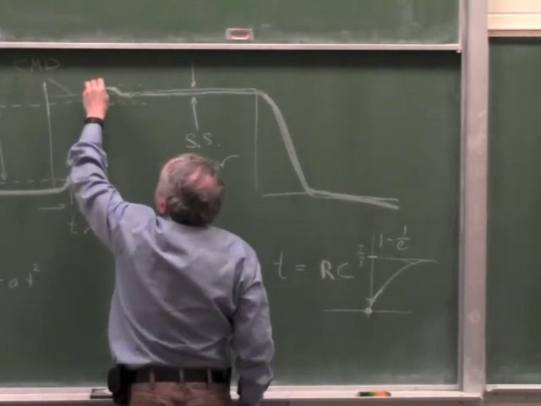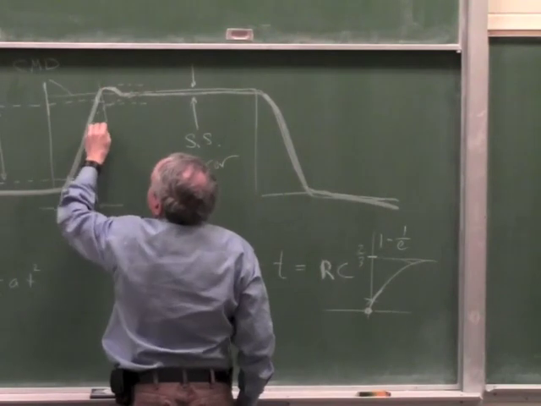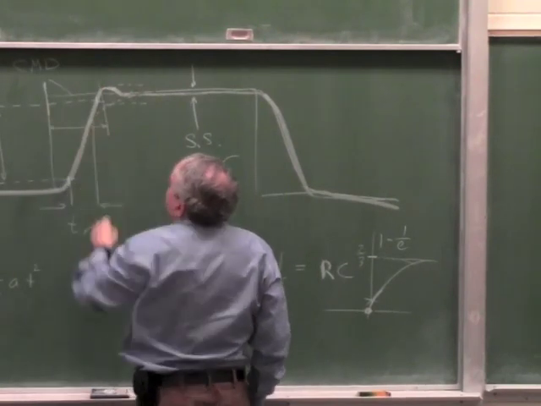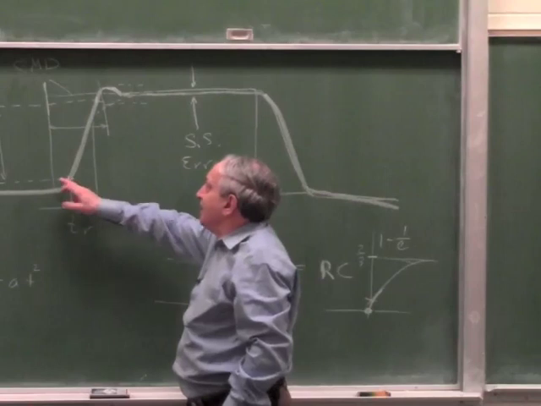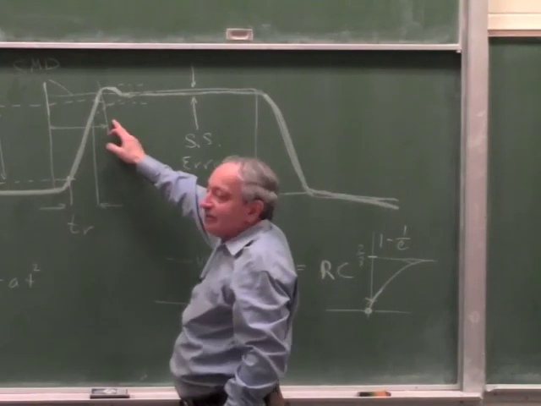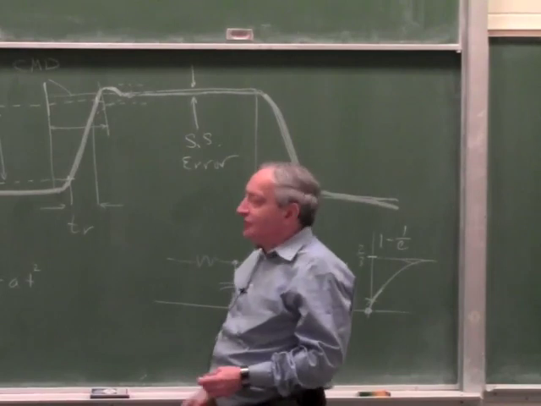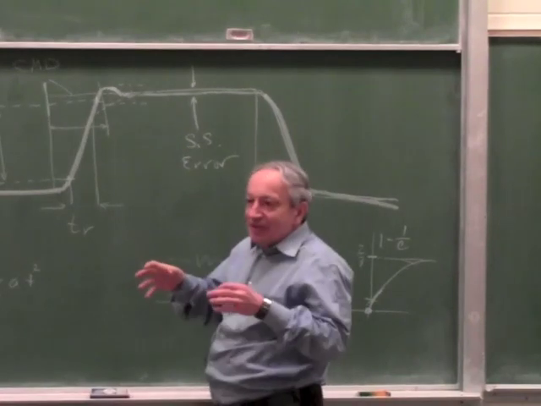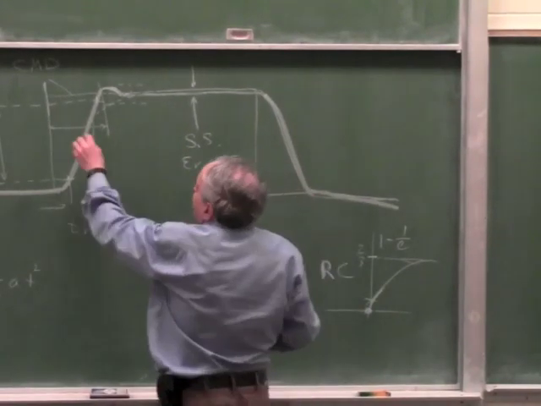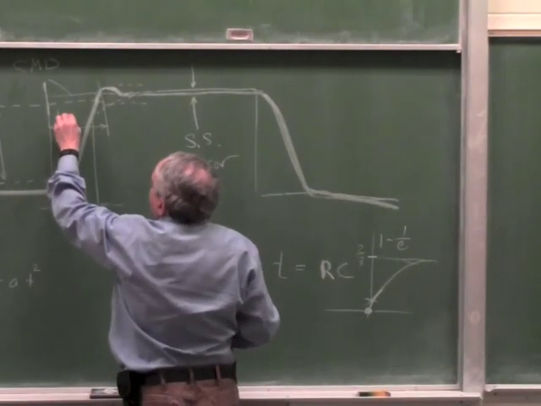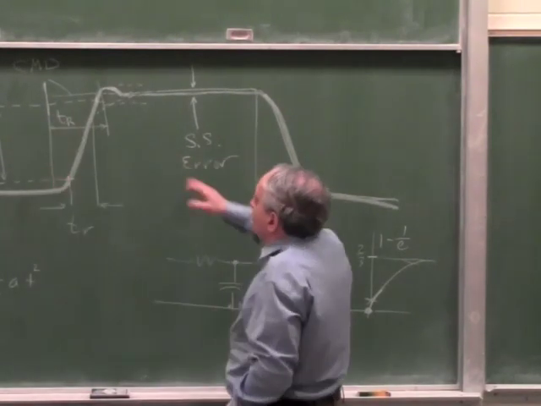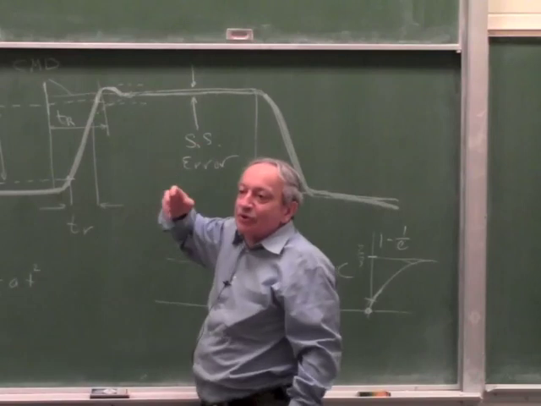This is the error band. So I want it to come within Z, which is a little bit more than the rise time, because it includes this time and maybe a little bit of settling. And this in general is called the response time of a servo. So these definitions are not cast in stone, because you can define the response time any way you want, depending on what you want the servo to do.